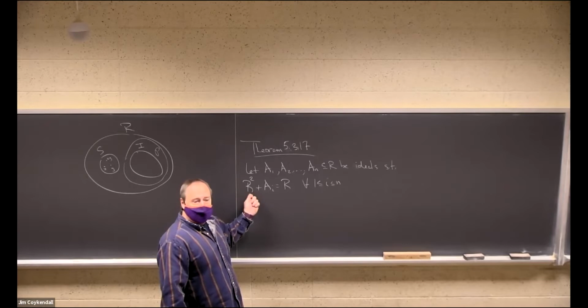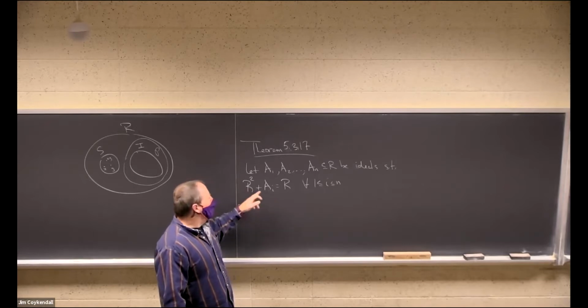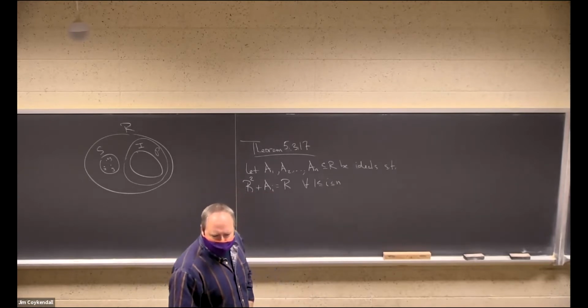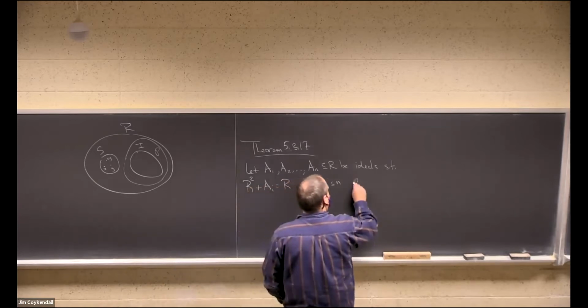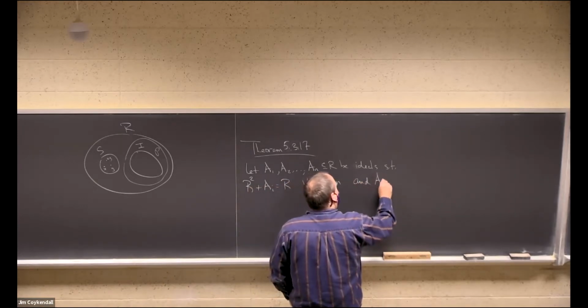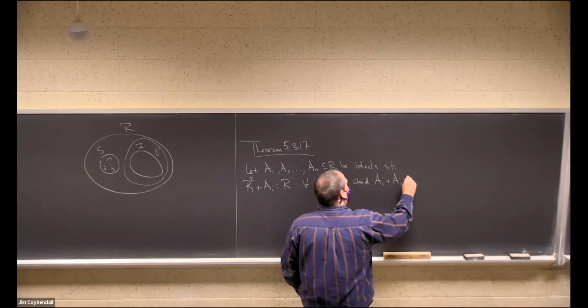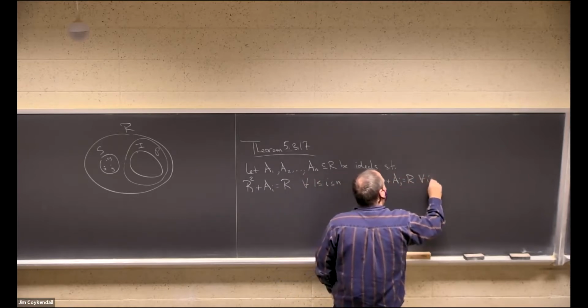And AI plus AJ equals R for all I and J distinct.